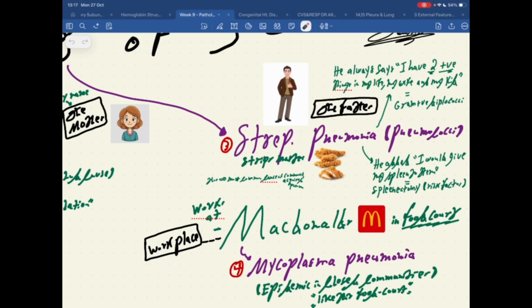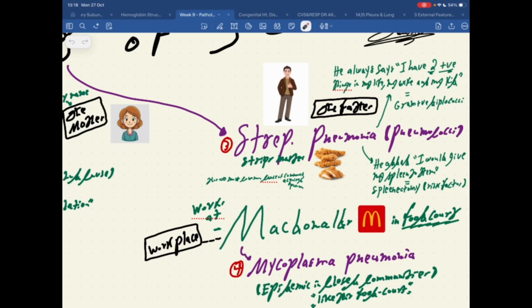Why? Now we'll talk clinically or medically. Because strep pneumonia has a strong virulence factor, which is that it's encapsulated, okay? It's in a capsule, protected.